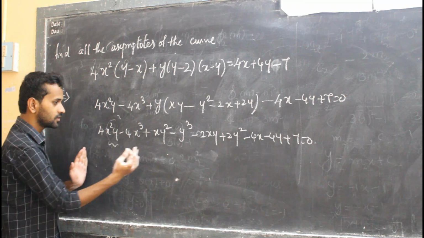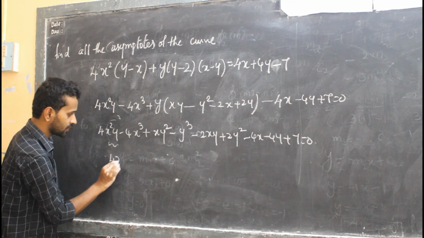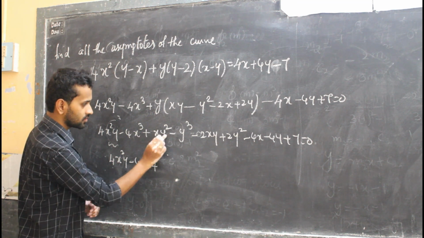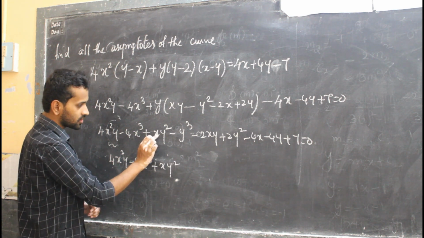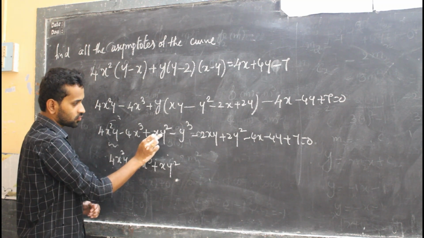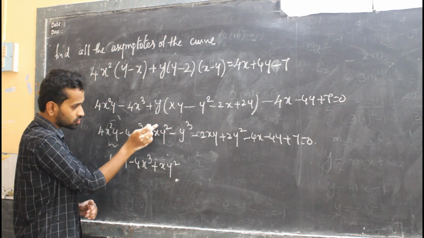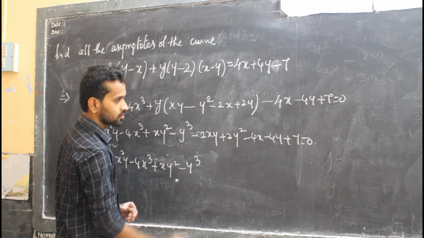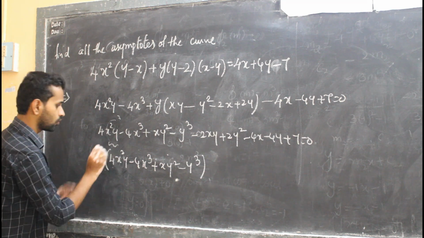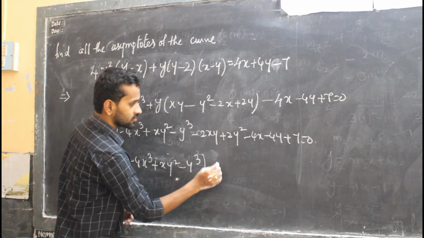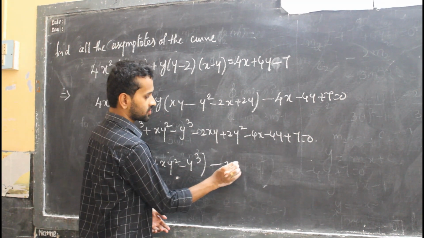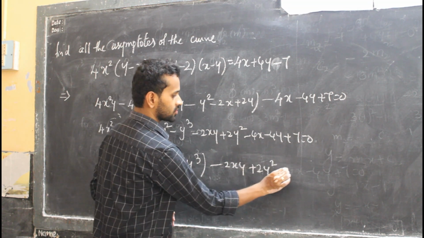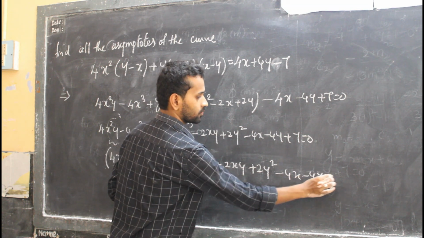So bring that degree 3 terms first, that becomes 4x square y minus 4x cube plus x into y square, that means 2 plus 1, that becomes 3, so minus y cube. So this will be my one grouping term, that's h3. Next I will be getting minus 2xy plus 2y square because the degree is 2 here, minus 4x minus 4y plus 7 equal to 0.